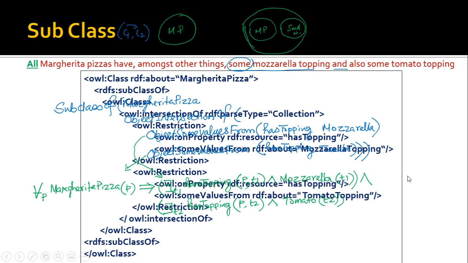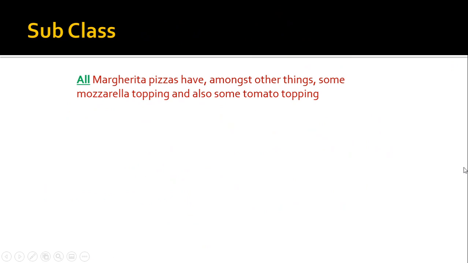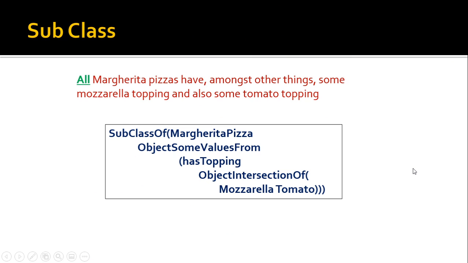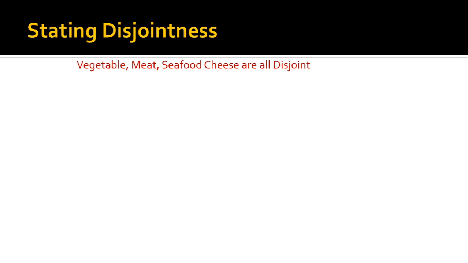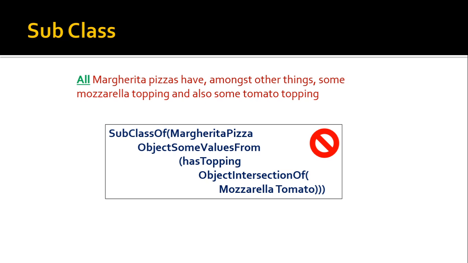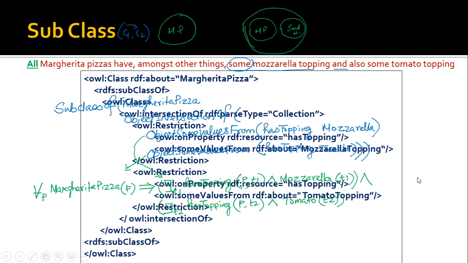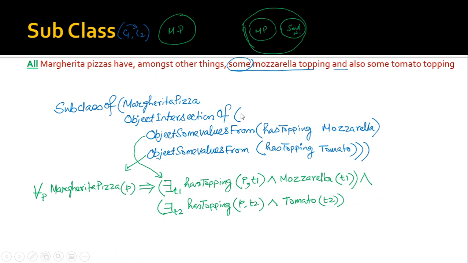So I guess we have the RDF representation. Now let us try to model it in a different way, right? In the earlier representation, let me go back to this. We had two ObjectSomeValuesFrom, and we got two statements related to this. Now one might wonder, can we say something like ObjectSomeValuesFrom hasTopping mozzarella and tomato, right?